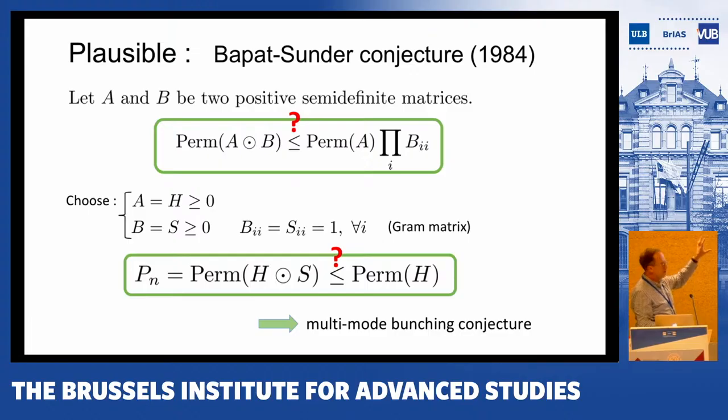You don't need to care so much about this conjecture. The point is that in our case, this inequality has to be true. So according to this conjecture, the bunching probability should be maximized when all input photons are identical.